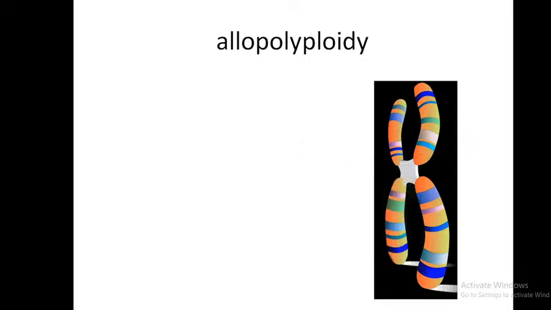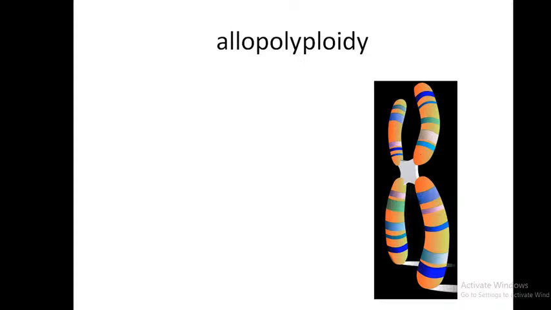Allopolyploids are the most naturally occurring polyploids and they may result in the formation of a new species. Allopolyploidy means the fusion of gametes from 2 different species. Allo means different.